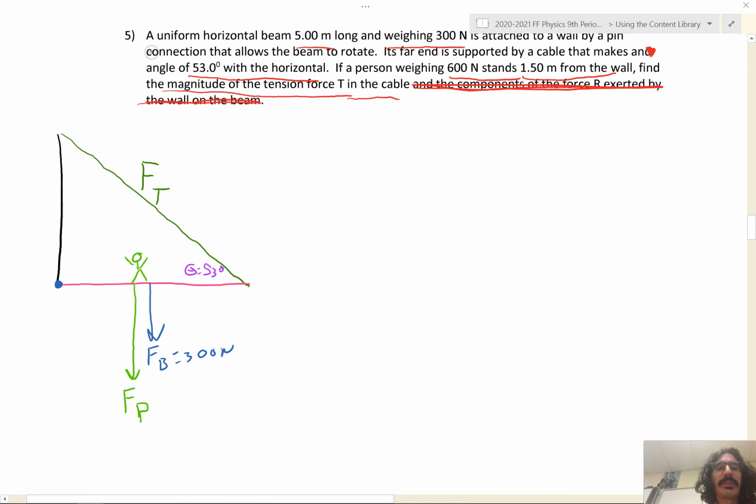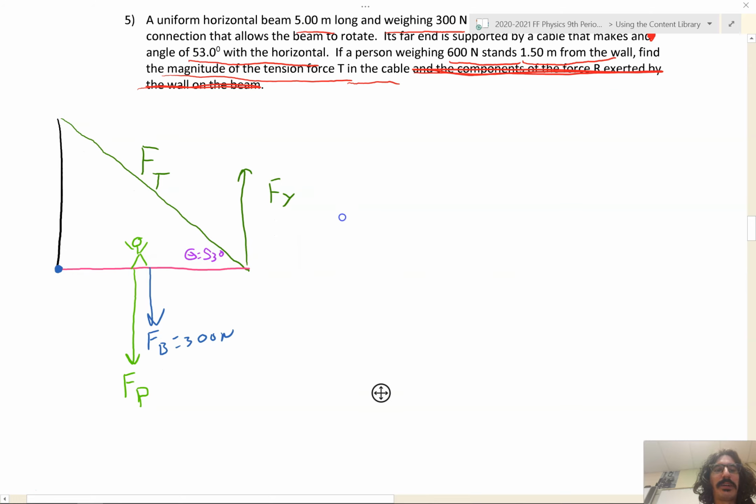And since the cable is being supported at an angle, we want to look at the vertical force of the cable. Let's call that F sub y. Now really, if we want to draw it accurately with an angle, it could be more over here on the left side. But for now, for the picture's sake, I'm going to draw it on the right side. So we have F of y going up.